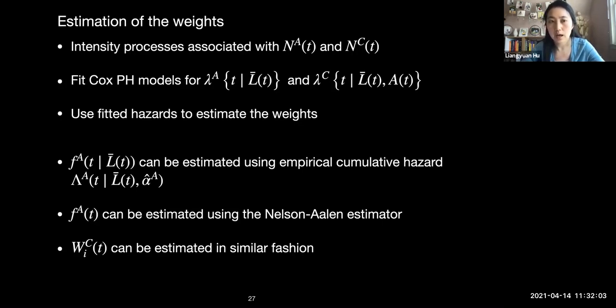So we can, for example, fit a Cox proportional hazards model for the 2 hazard functions, and then use the fitted hazards to estimate the denominator of the weights for treatment initiation as well as for censoring. And then for the numerator with the marginal density function, we could use the non-parametric Nelson-Aalen estimator.